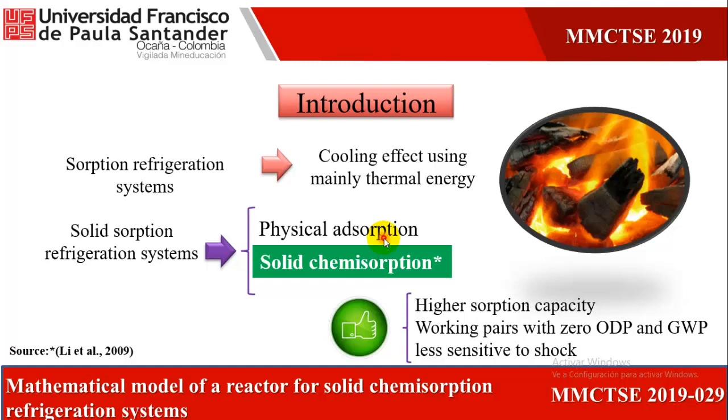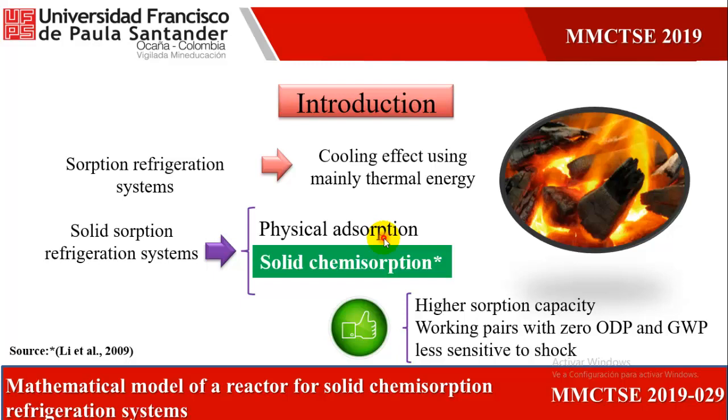And the refrigerant that normally use these systems are environmentally friendly because they have low GWP, global warming potential, and zero ODP, or ozone depletion potential. Another advantage is that these systems are less sensitive to shock or movement since they do not have moving parts.